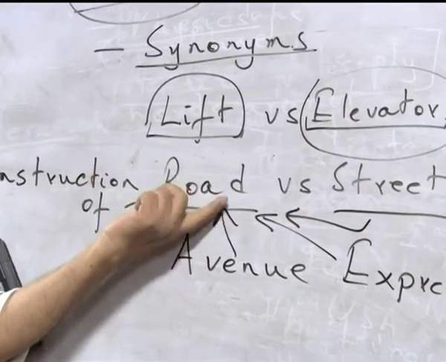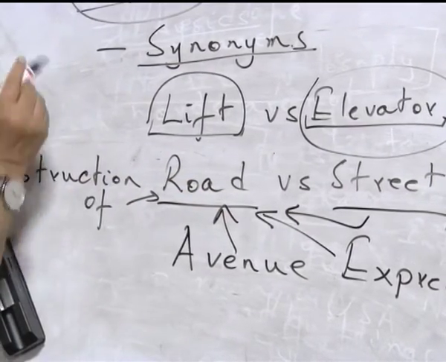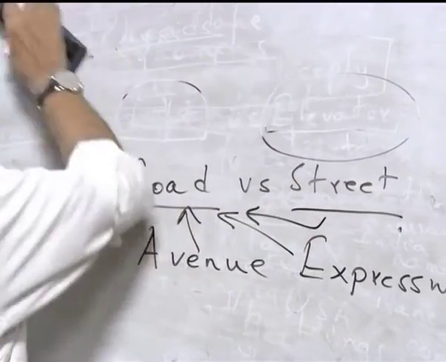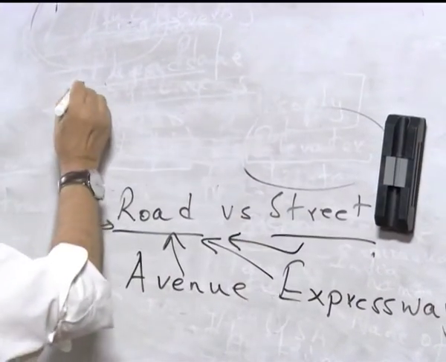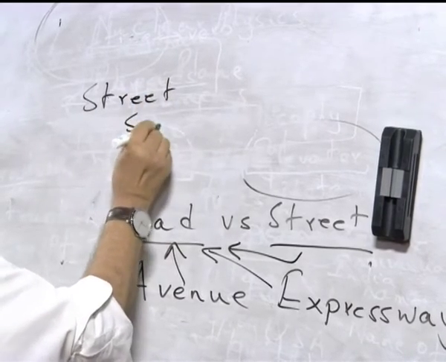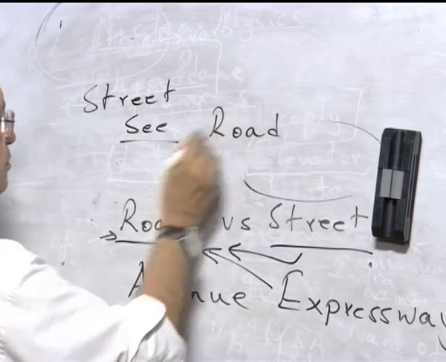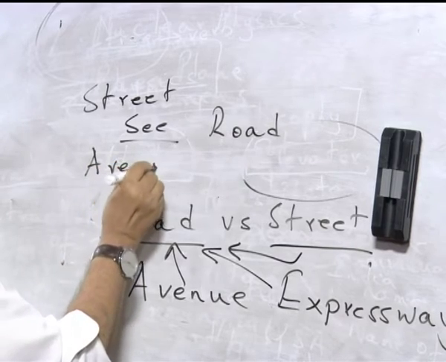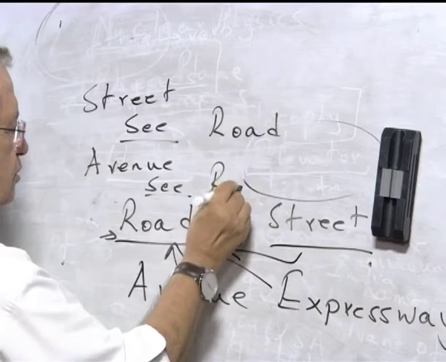If the preferred term is road, then there should be a reference from a street. For example, it should be street, see road. Avenue, see road.